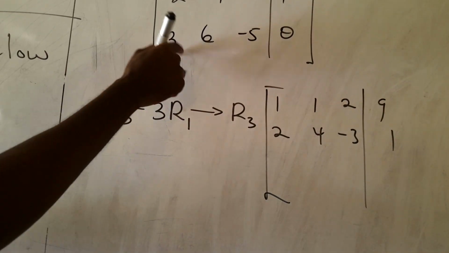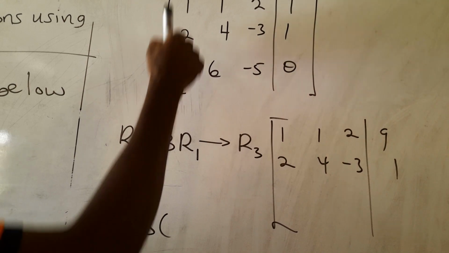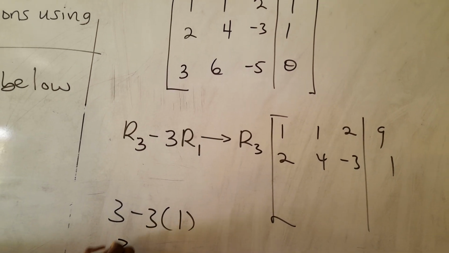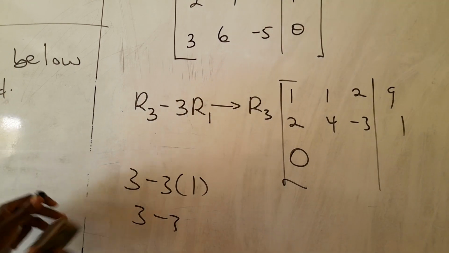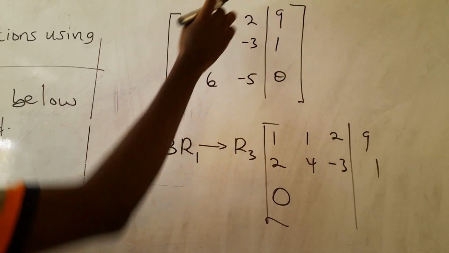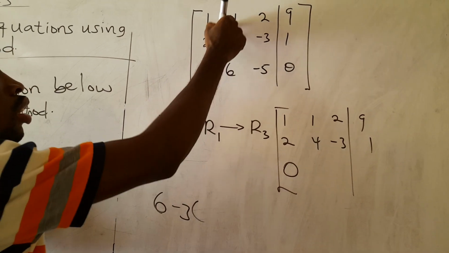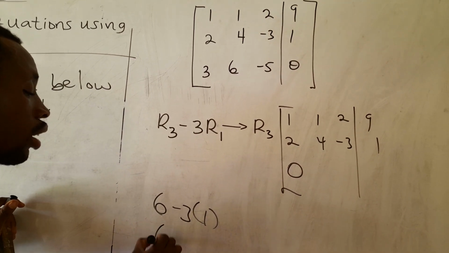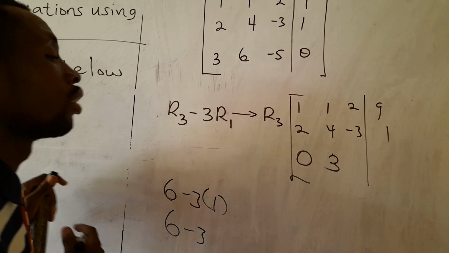So the first one, R3 here is 3 minus 3 times R1. R1 there is 1. 3 times 1 is 3. 3 minus 3 is 0. So we write 0 there. You go here, this and this. So R3 there is 6 minus 3 times 1. 3 times 1 is 3. 6 minus 3 is 3.